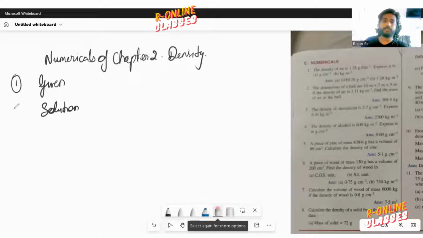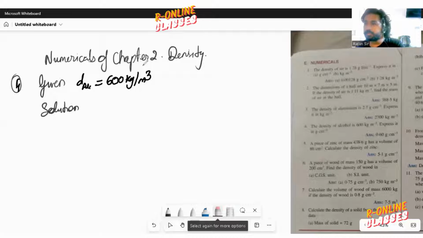Now we'll go for the fourth one. Let's write it 4 here. The density of alcohol is 600 kg per meter cube. Always observe what is the unit of your given part. Express it in gram per centimeter cube. So the opposite one.